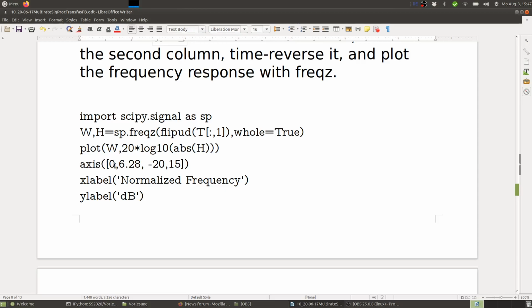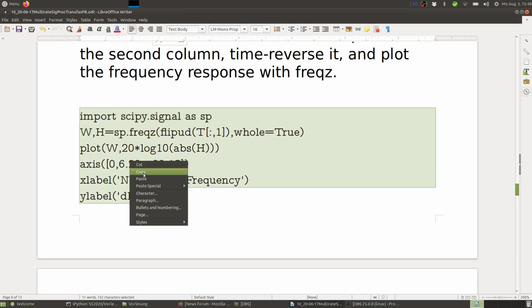Here I scale the axis, here the x-axis going from 0 to 2 pi, and the y-axis going from minus 20 dB to plus 15 dB. Then the x label gets the label normalized frequency, which it is, and the y label gets the dB label, which it also is. So let me just copy and paste.